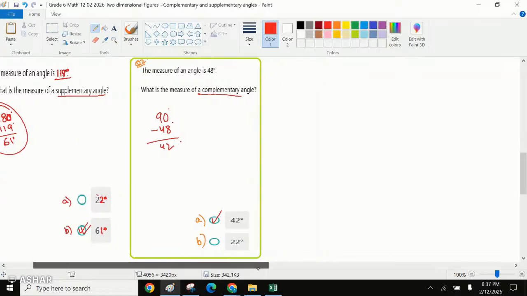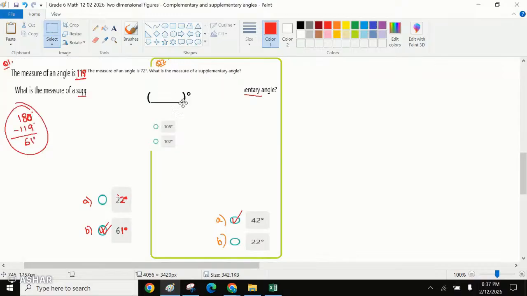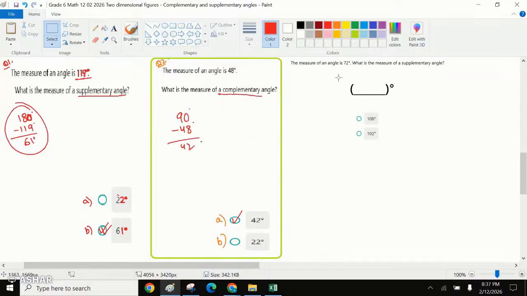Okay, let's see question number 3. If this is the information given in question number 3, and they are asking what is the measure of the supplementary angle.